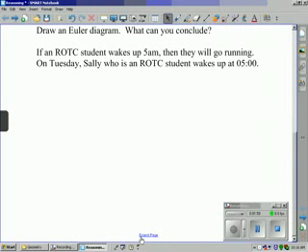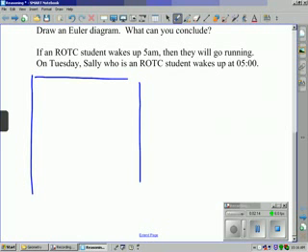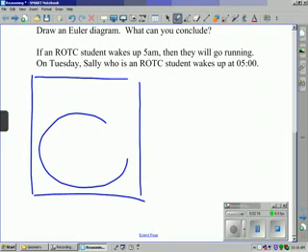In direct reasoning, if you're given a conditional statement first, then we need to make the Euler diagram and then our conclusion. Our conditional statement is, if an ROTC student wakes up at 5 a.m., then they will go running. So for our Euler diagram, the hypothesis of that statement will go inside.